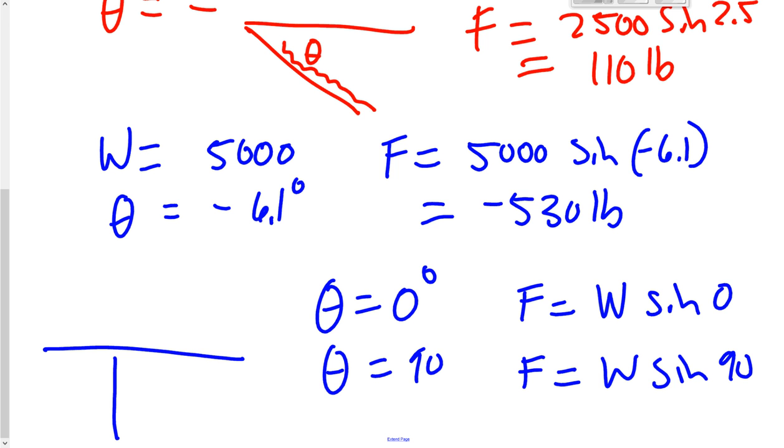Well, sine of 0 is 1, and so the force would equal W here. And sine of 90 is 0, so your force would be 0. So you'd have no grade resistance force there, and if you're going straight horizontal, then it would just be the weight of the car.